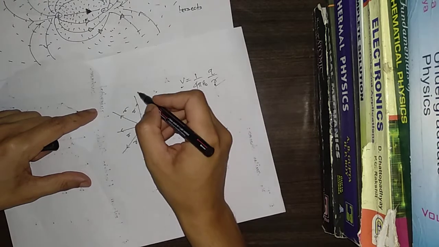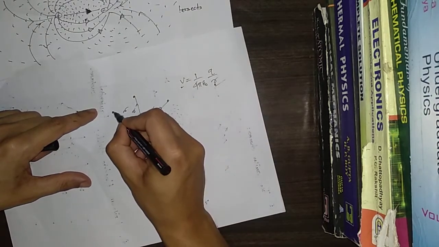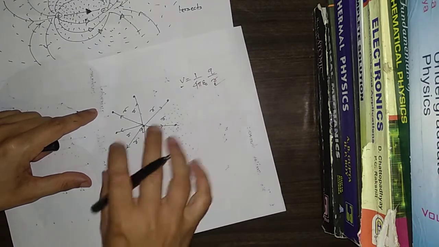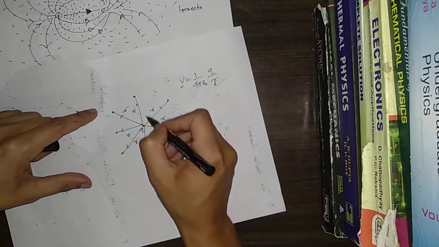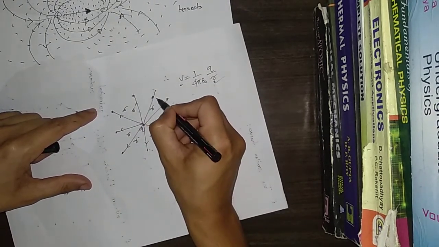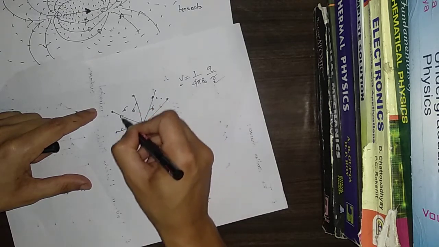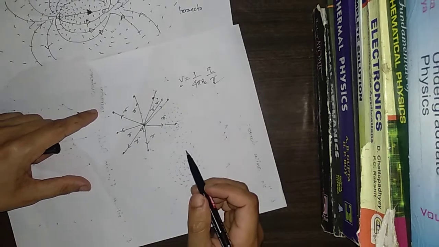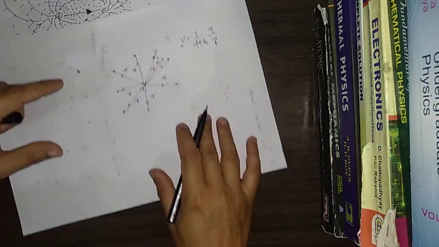So at this point the potential will be the same, at this point, at this point. At every point which is at a distance r, the values of the potential are the same. Even if I draw a distance here, here, here, at every point on such distances the electric potential remains the same.